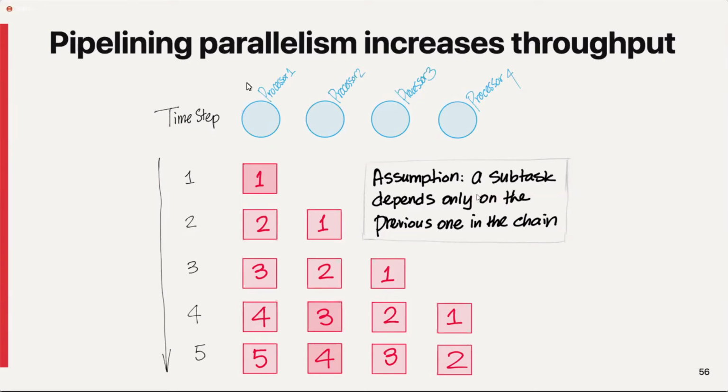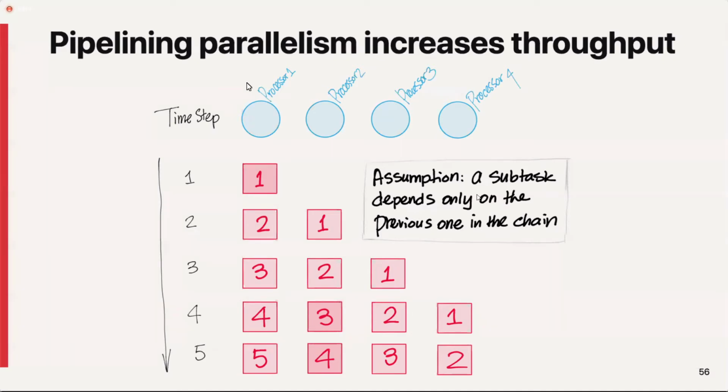If this is the case, then you simply have a chain of subtasks, and we can use pipelining parallelism to increase the throughput. In this particular example, on the top we have the blue circles: processor 1, processor 2, processor 3, and processor 4.